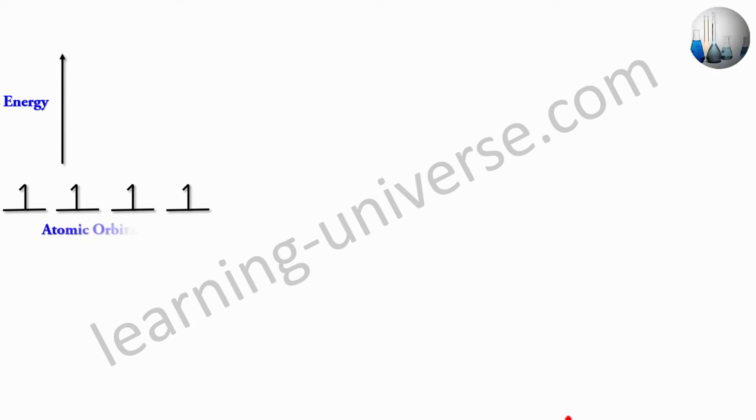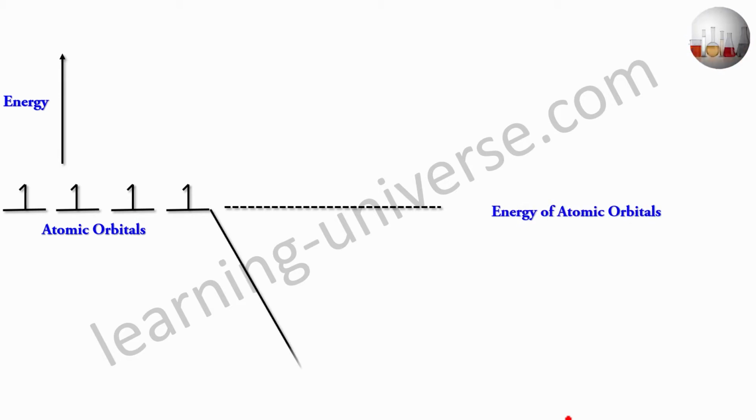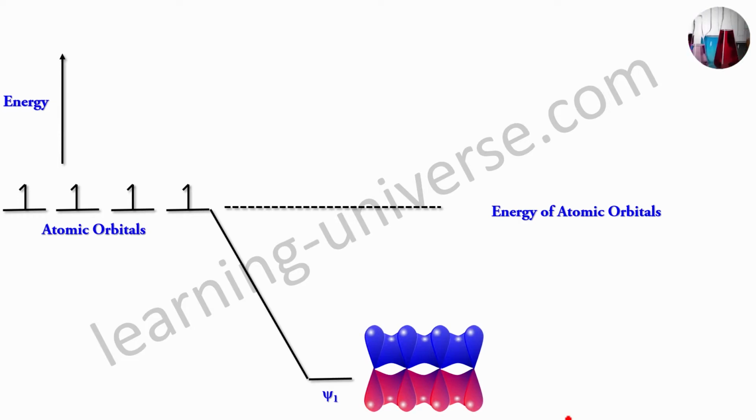These are the atomic orbitals, and this is the energy of the atomic orbitals, and they interfere with each other and give you psi 1, which is called the bonding molecular orbital. Now here you will notice that this is a bonding interaction. Blue meets blue, bonding. Obviously, when blue meets blue, red will meet red.